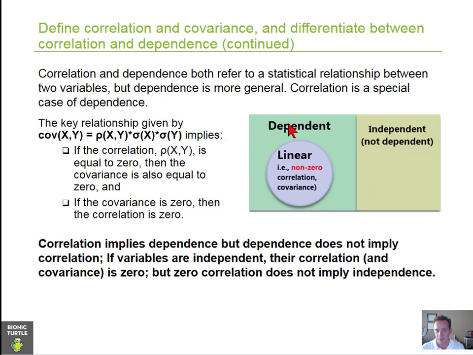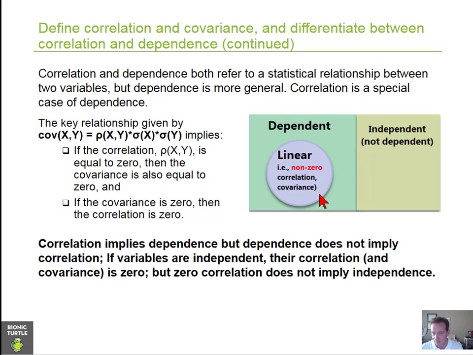If it's not independent, then there is a relationship, and most generally we say the variables are dependent or have some dependence. But that's a broad concept, including nonlinear relationships. So it includes, but is not limited to, linear relationships as measured by correlation.